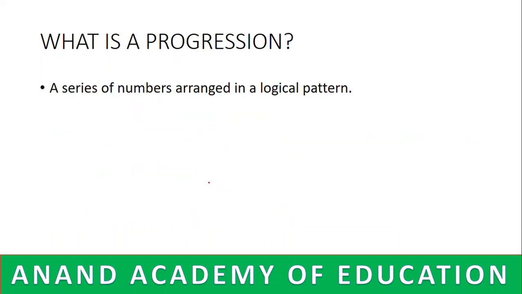And now let us look at progression. What is a progression? Now that we have seen what a sequence means and what a series means, let us know the definition of a progression. A progression is a series of numbers arranged in a logical pattern.